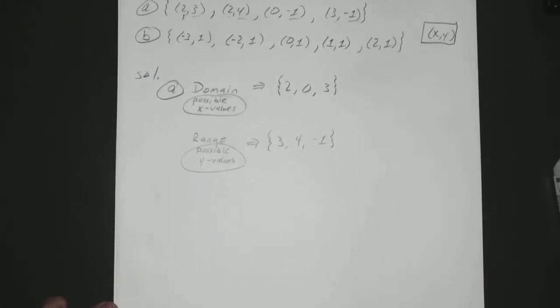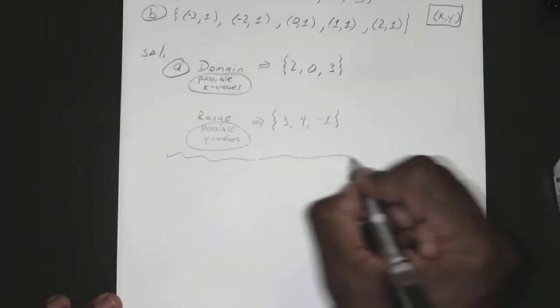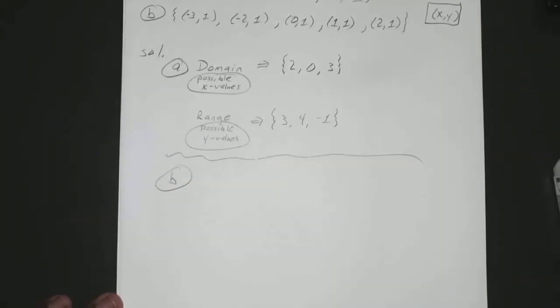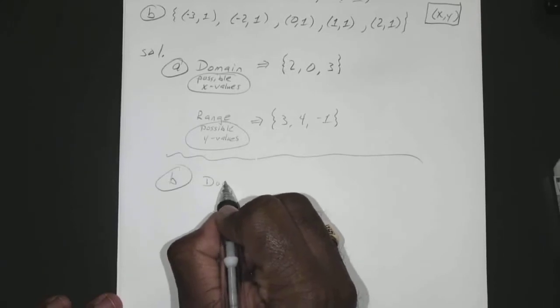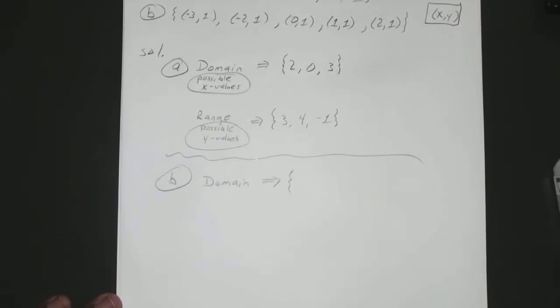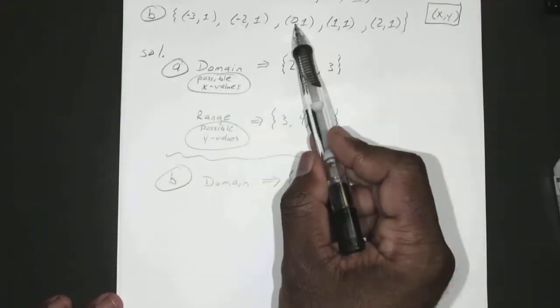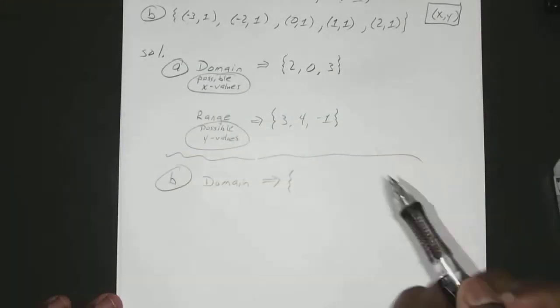Okay, so we do the same thing for B. Your domain for B, again, is just all possible x values. You have -3, -2, 0, 1, and 2.